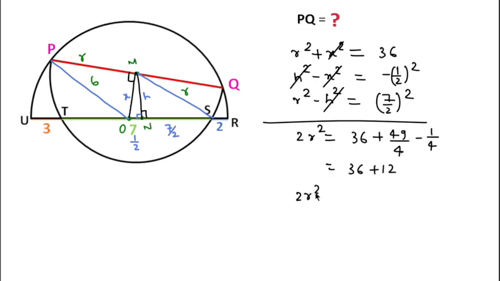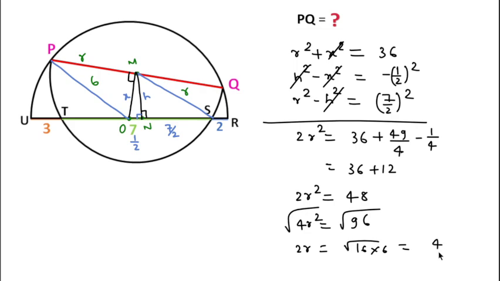Now we can write 2R square equal to 48. If we multiply by 2 both sides, then we can write 4R square equal to 96. And if we square root both sides, then we can write here 2R equal to under root 16 into 6, which is equal to 4 root 6.